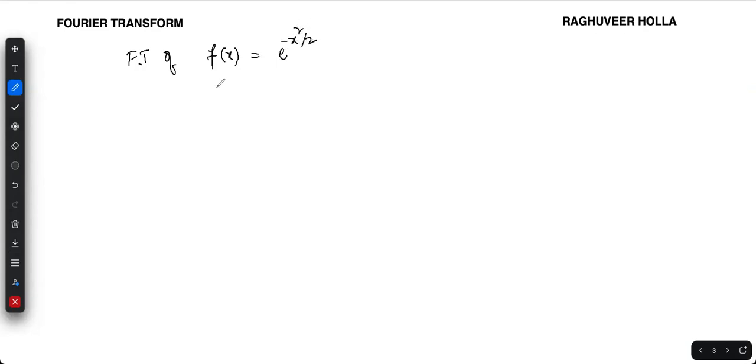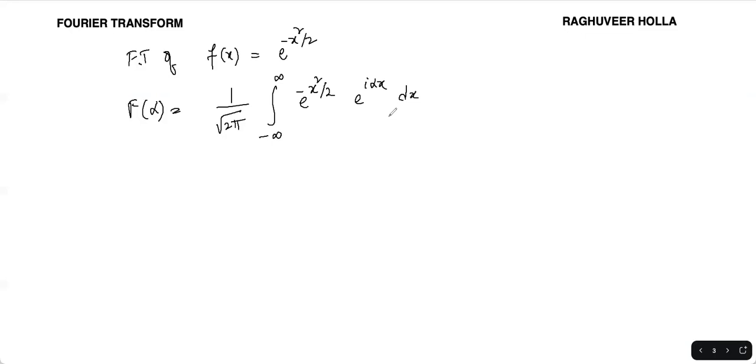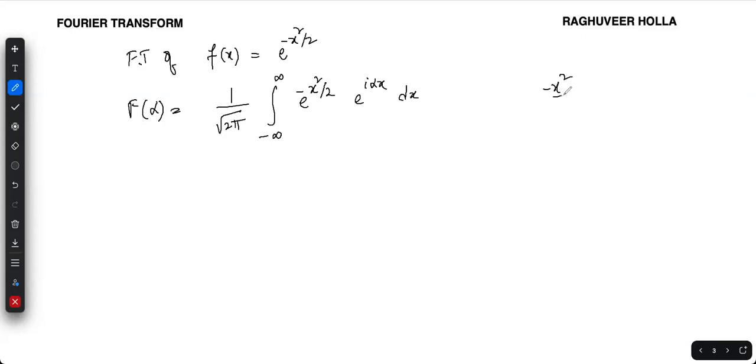Okay, so using the formula, f of alpha is 1 by root 2 pi integral from minus infinity to infinity of f of x, which is e to the power of minus x square by 2, into e to the power of i alpha x dx. Okay, so let us keep the power as minus x square by 2 plus i alpha x.